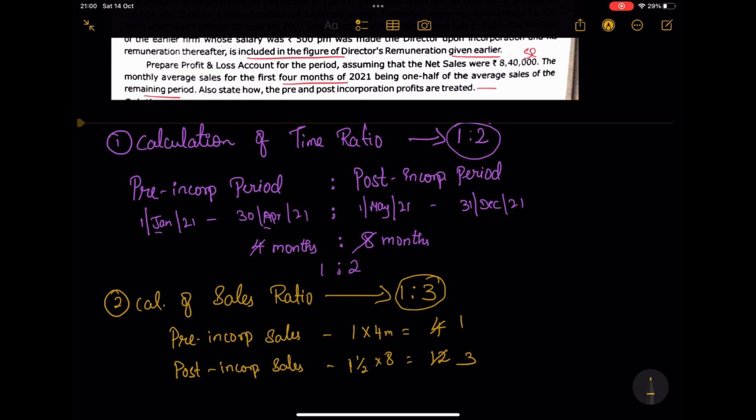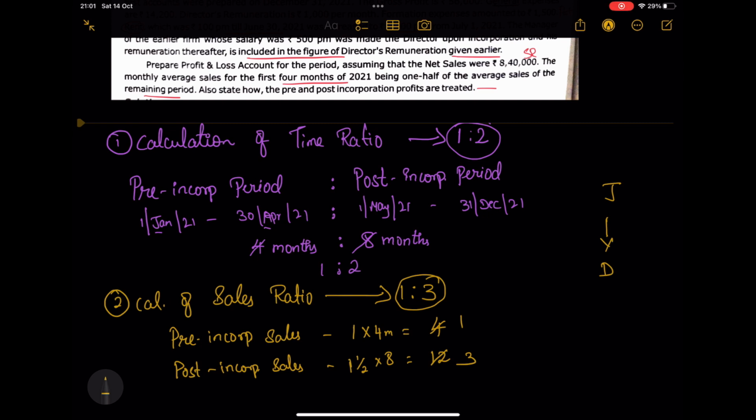Very simple. What they have given in the question, directly we have taken that. They have given 1/2. If they have given doubles means we can take it as doubles. Or else if you want to calculate how we have calculated in the previous sum, we have to write Jan to December. Before that we have to identify average monthly sales, which is around 70,000 per month.